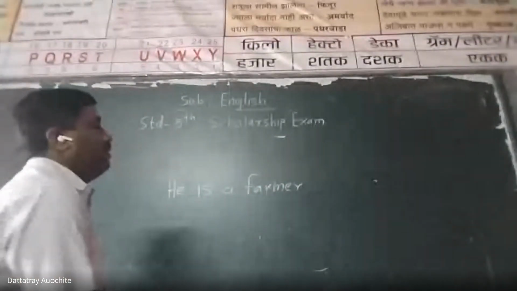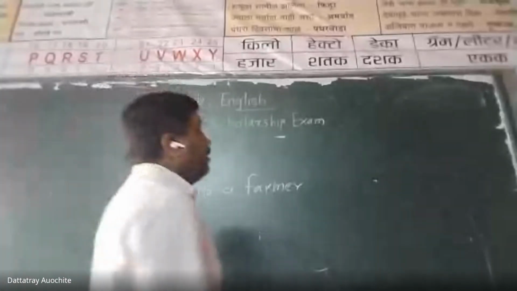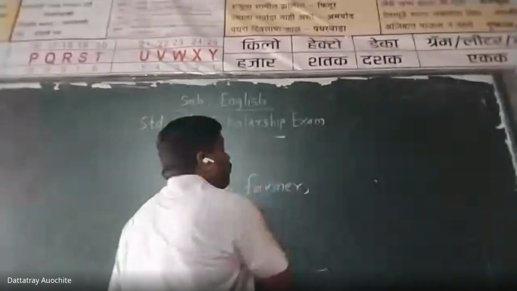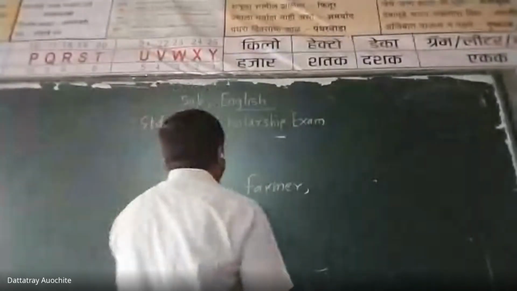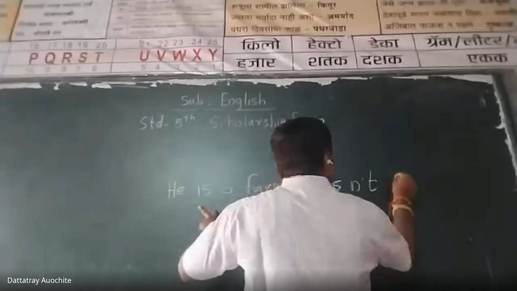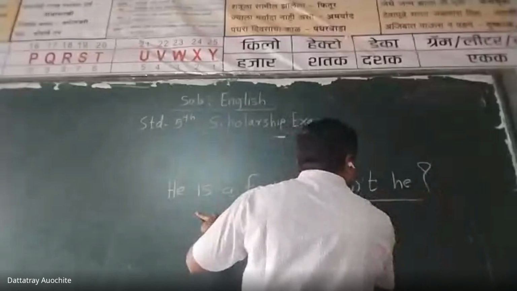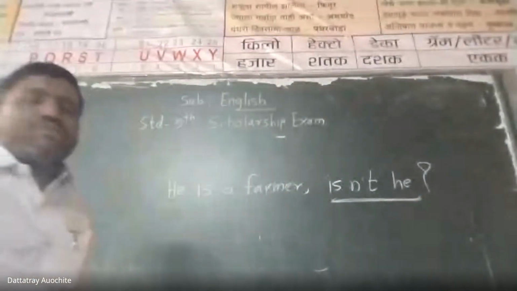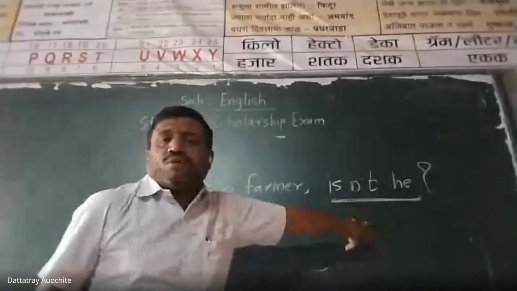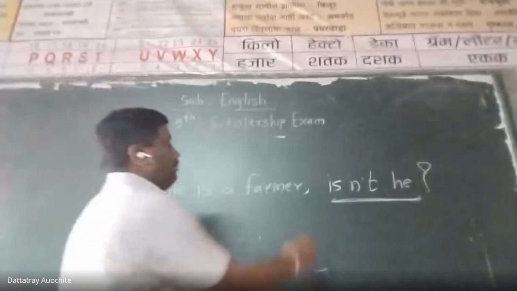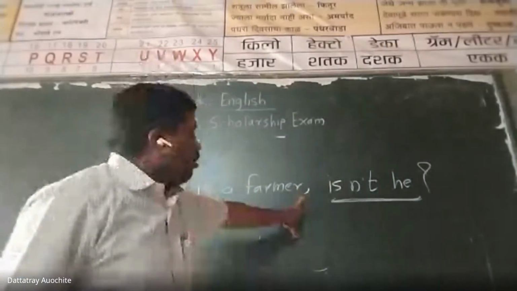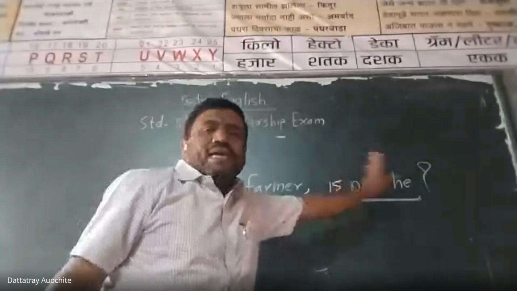He is a farmer. Then here, before adding the tag question, we need to add a comma. So what is the tag question? Isn't he? It is a question tag. So before adding this tag question in this sentence, we should add a comma.